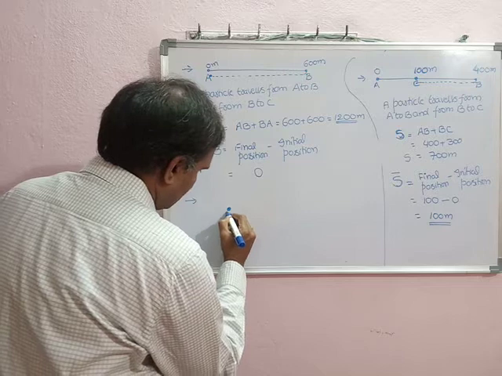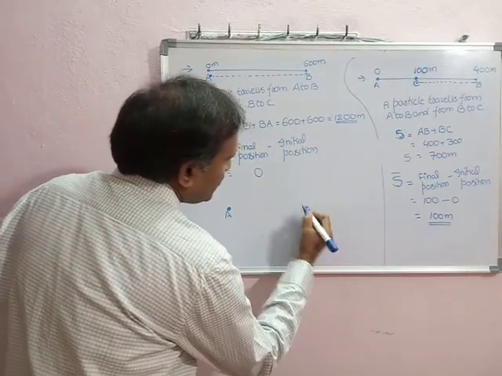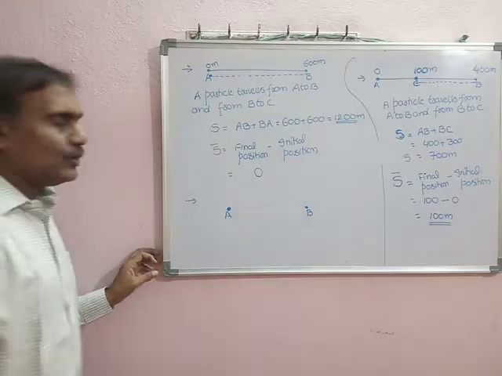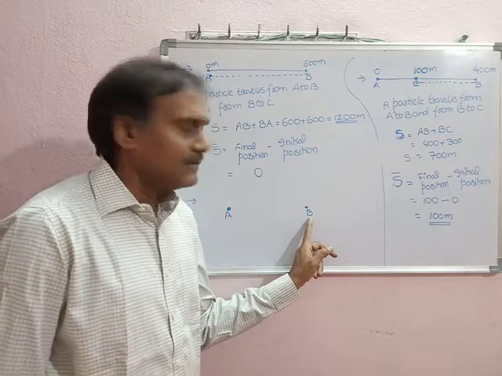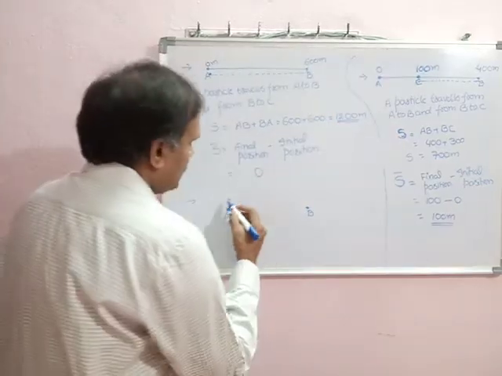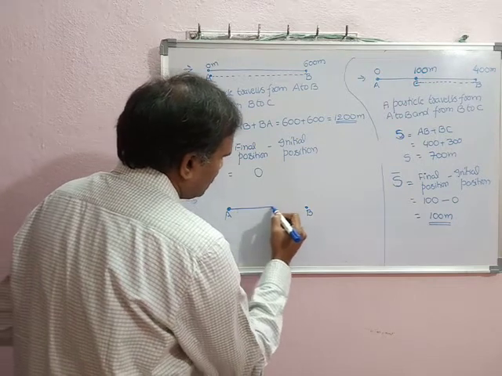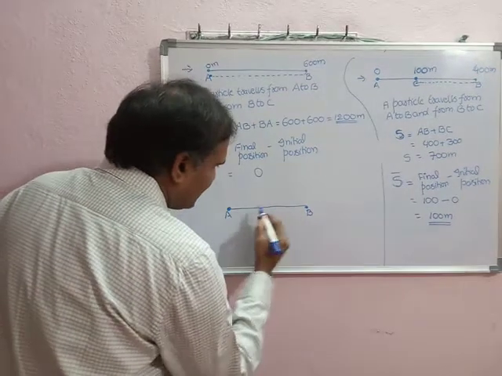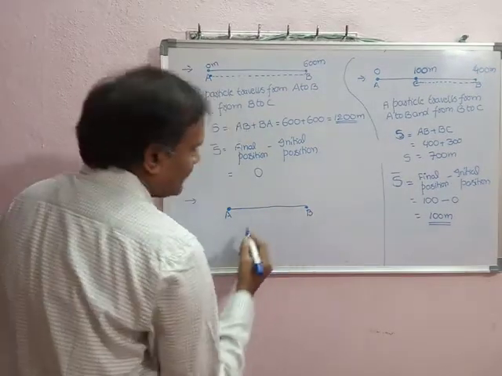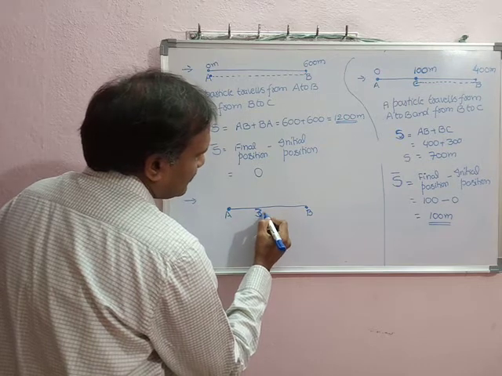Okay, in another example, this is the station A and this is the station B. You can assume it as Hyderabad and this as Vijayawada. Now, there is a road between these two cities. One road is in this manner, and the length of this road is 300 kilometers.